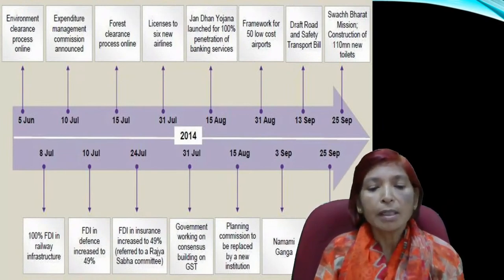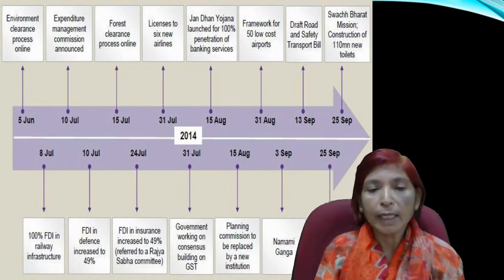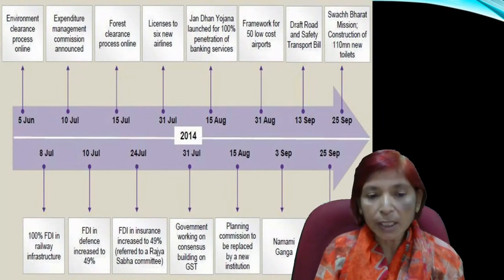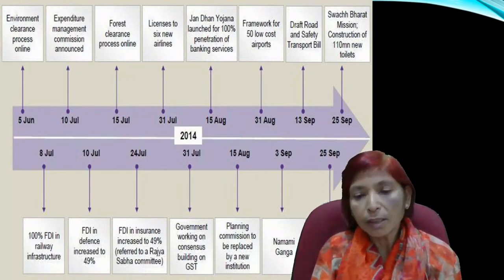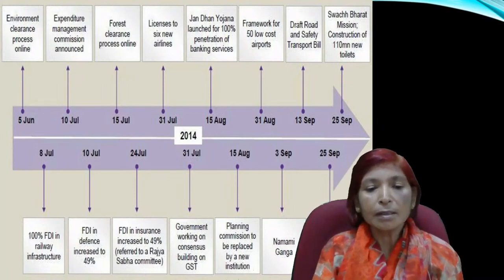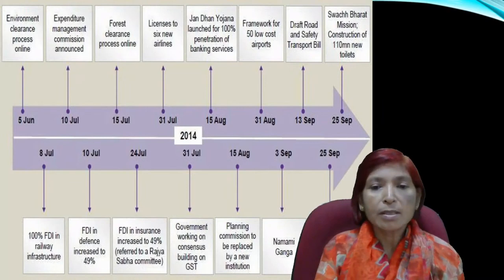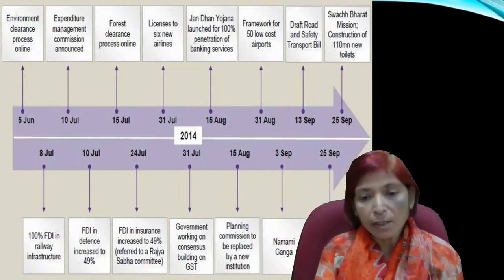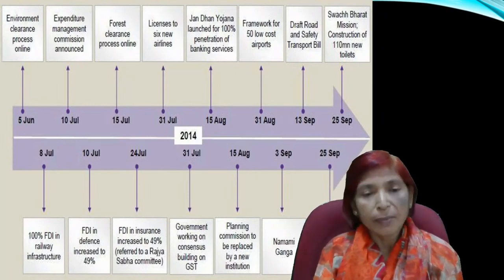The government is working on consensus building on GST, and you know that in 2014 the government worked on GST, and at present GST is in effect. All these programs and policies are given according to the time period mentioned, that the 2014 government followed these projects.